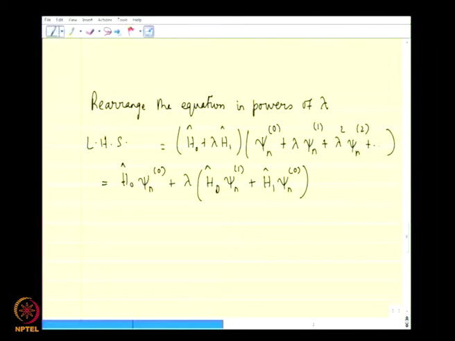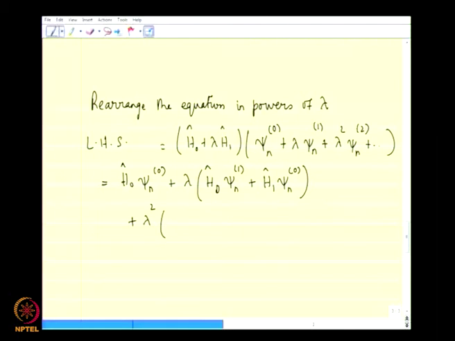We know the Hamiltonian, we know the wave function, therefore this is in principle something that we can calculate. Here, unless we know psi n1, we do not know how to calculate this, therefore that is the objective. The second term is lambda square.